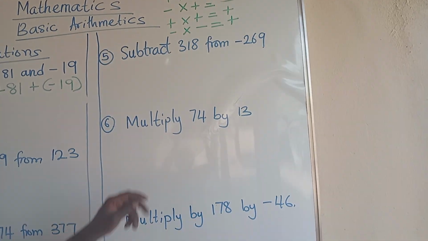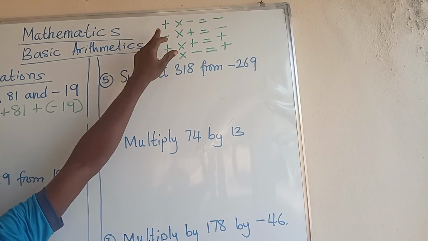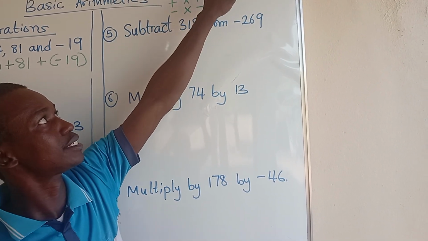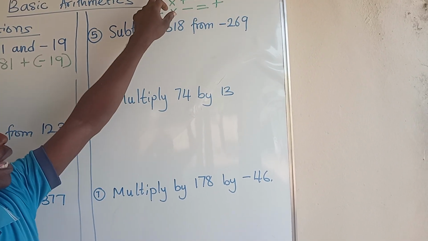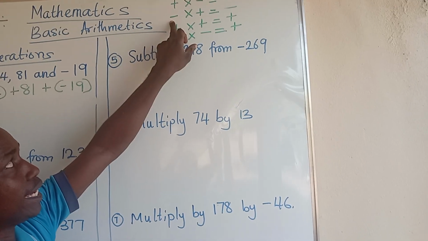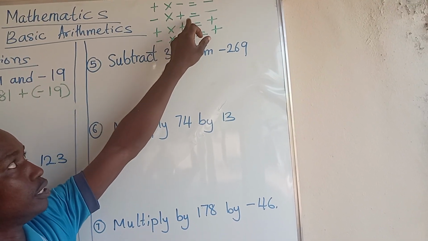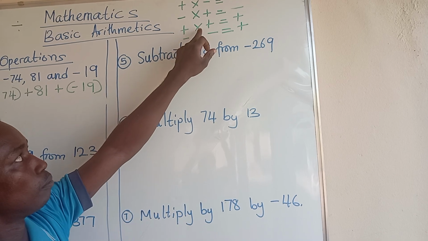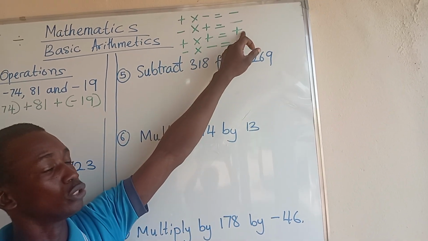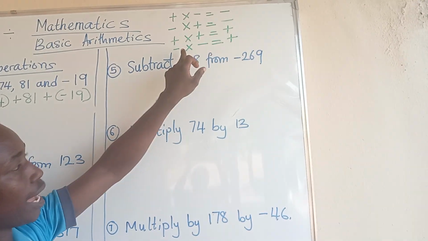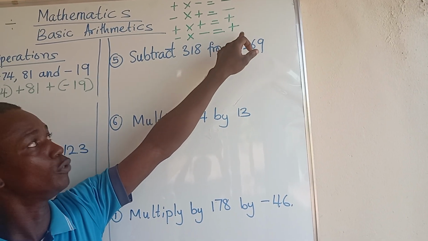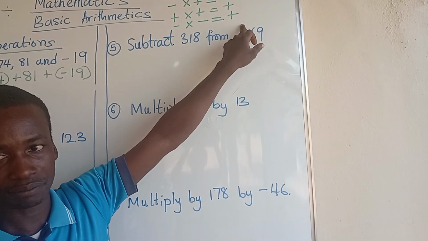So have this foundational knowledge. Anytime plus multiplies minus, the answer will be minus. Anytime negative multiplies positive, the answer is going to be negative. While positive multiplied by positive gives you a positive answer, and negative multiplied by negative gives you a positive answer.